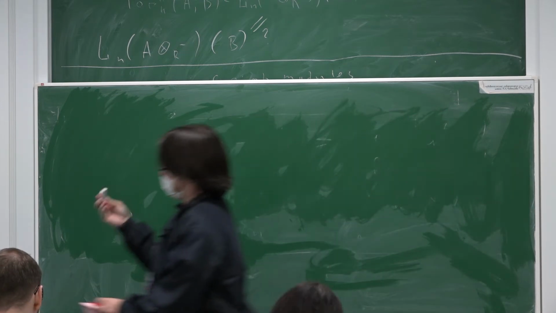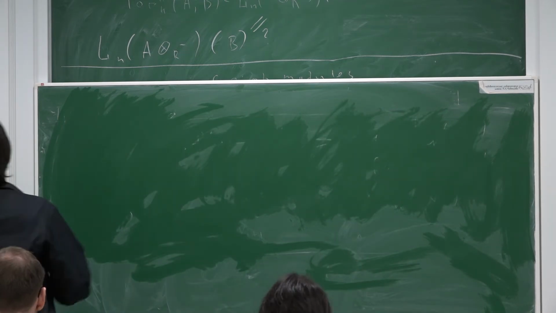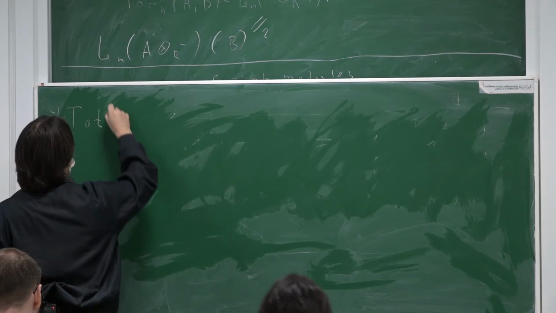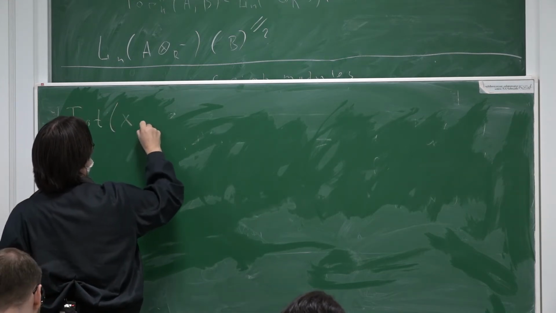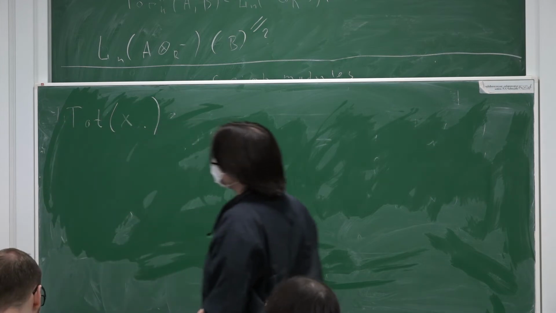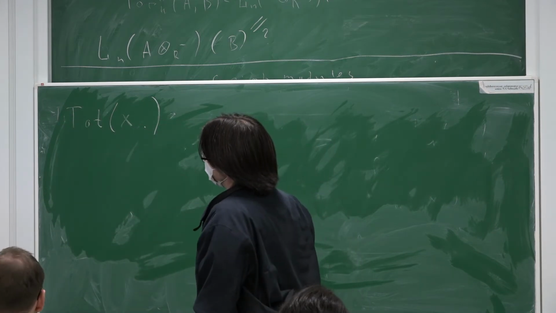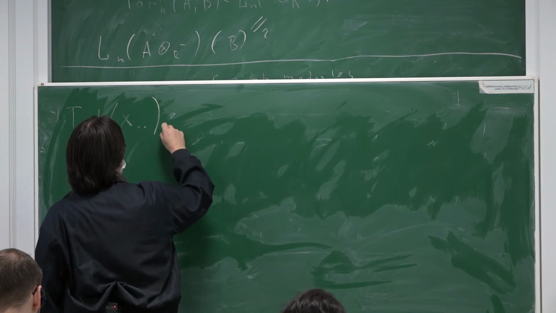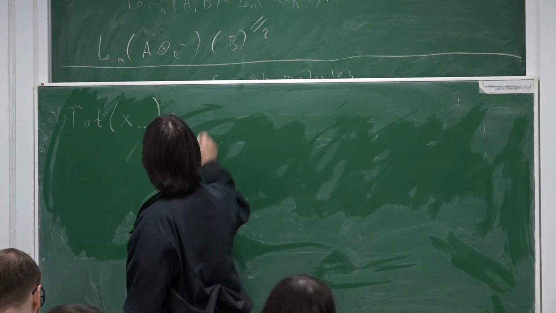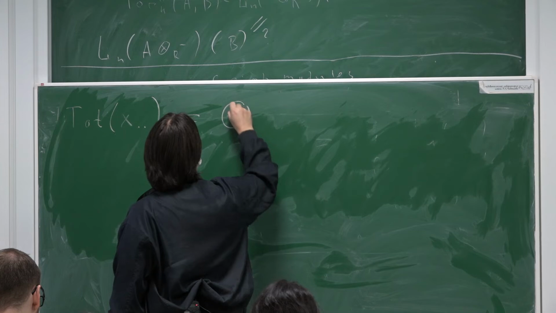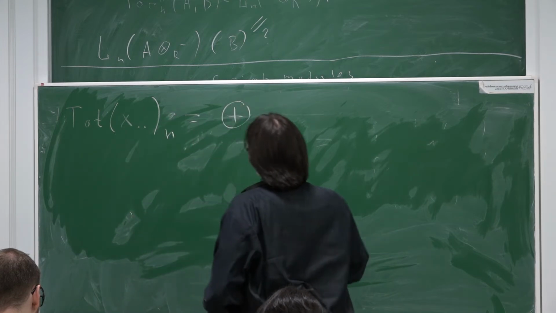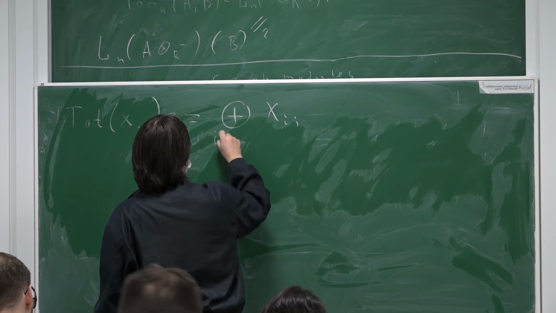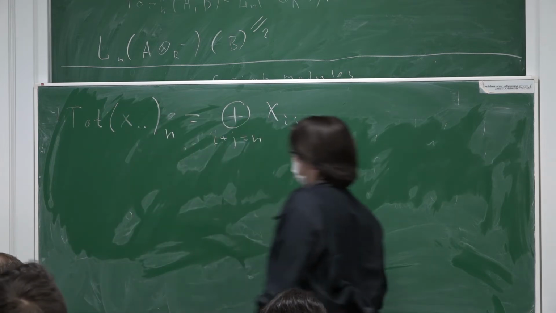So the total complex of X is the complex with the following members and differential. Its nth degree is the direct sum of X_ij for all i plus j such that they give n.